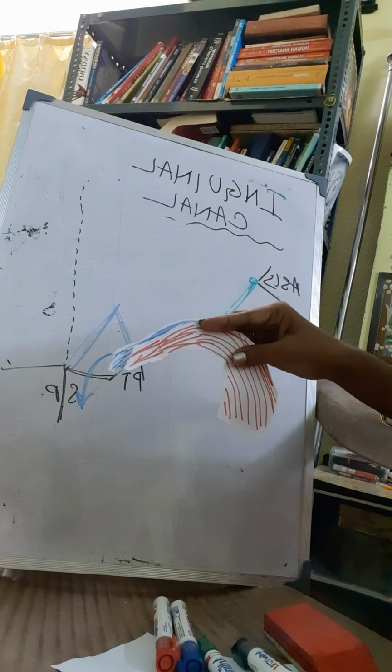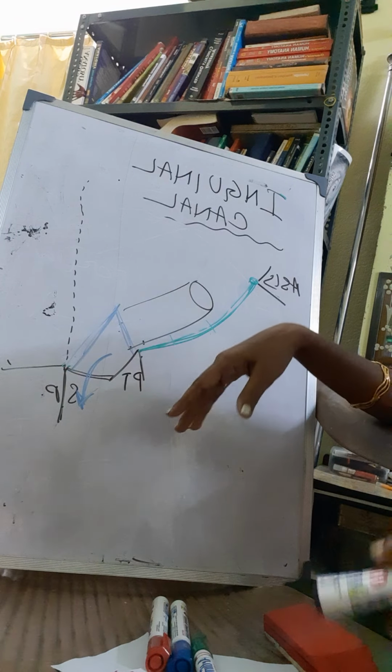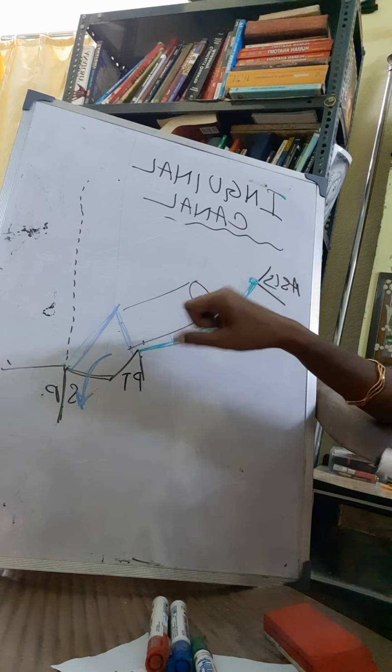So against the deep inguinal ring, which is the deficiency on the posterior wall of the canal, the anterior wall is strengthened by the inguinal fibers of internal oblique, and superficial inguinal ring, which is the deficiency of the anterior wall of this canal, the posterior wall is strengthened by the conjoint tendon as well as the reflected part of the inguinal ligament. So this is making this canal more strengthened.